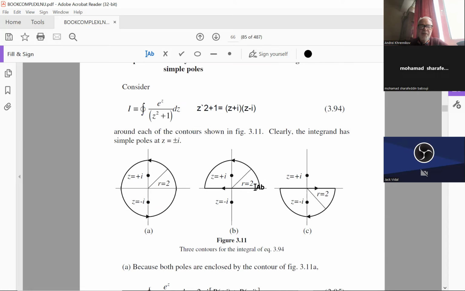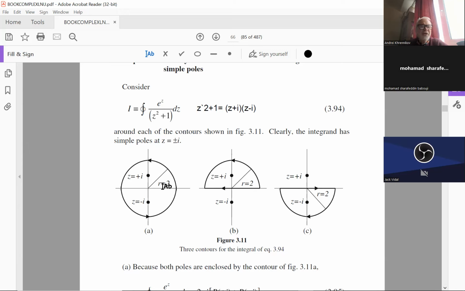For example, if you get the problem to find this integral, it goes in this direction, we can close in this direction, I think. Why it's written in this way, it's not clear. I would like to write it in this way, so it is closed.